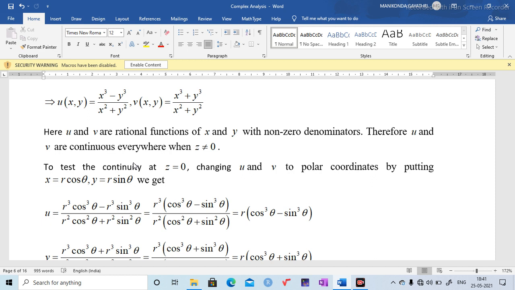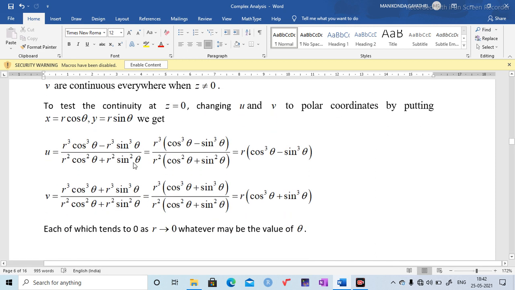Substitute x as r cos theta, y as r sin theta. Observe in the numerator r cube is common, in the denominator r square is common. R cube by r square is r only. So here you can observe this term value equal to 1. That's why you are not going to get any denominator.